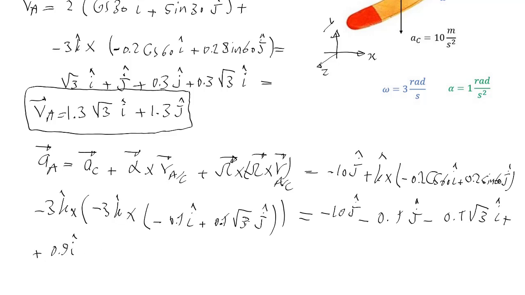Here, k cross j is minus I. K cross minus I is minus j. So we have a minus, and again we have a minus here, that's positive, so plus 0.9 square root of 3 in the j direction. Actually I think it's going to be minus, so k cross j, that's a minus I, that's 1 minus, 2 minus, and 3 minus, so that's going to be a minus sign.